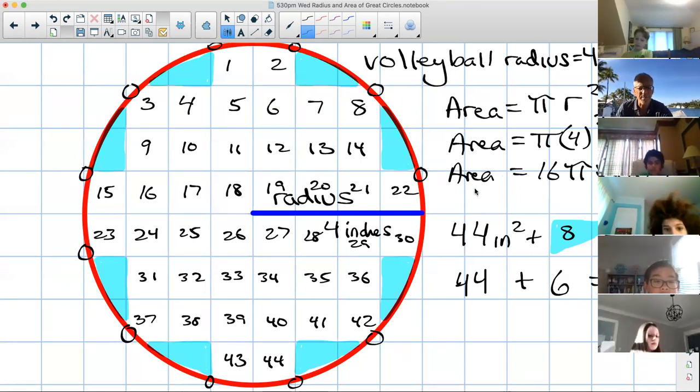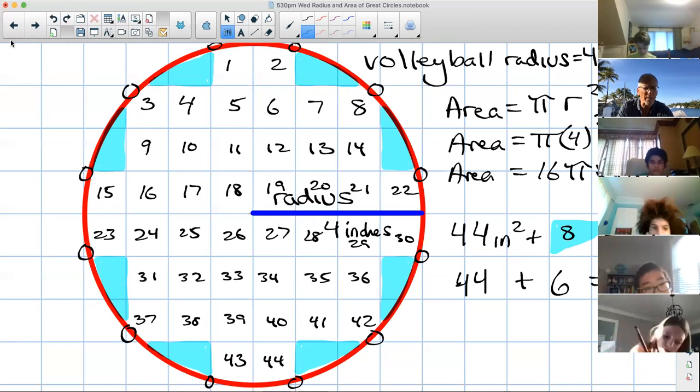Yes, Adalia, question. I think there might be one more incomplete square, 30. Oh, yes, you are correct. So there are actually 8 incomplete squares. No, that's not true. How many are there, guys?